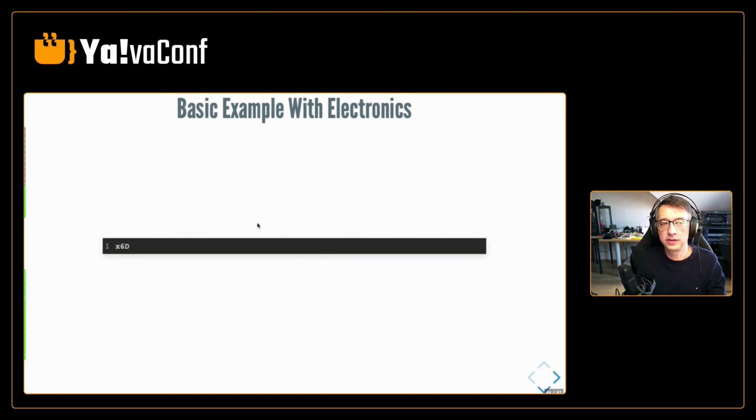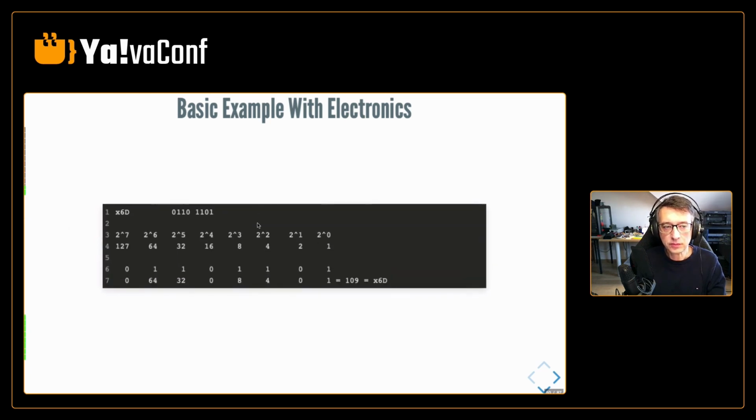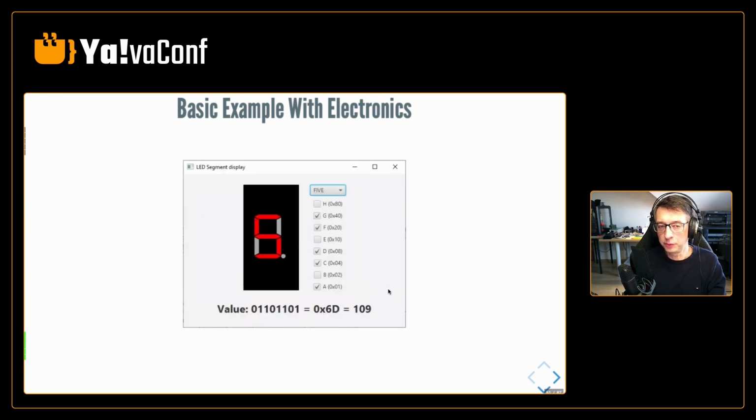So if we look at the value 6D, that's the one we're going to use, the hex value 6D, which is actually 01101101, this one. And we can read it here, how this represents 109, 6D. So all this information tells us that we want to put a 5 on the display. So it's these segments which are turned on. So with the value 6D, we can tell this segment which of the LED segments to be highlighted.